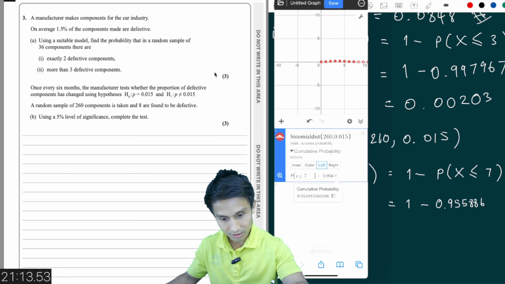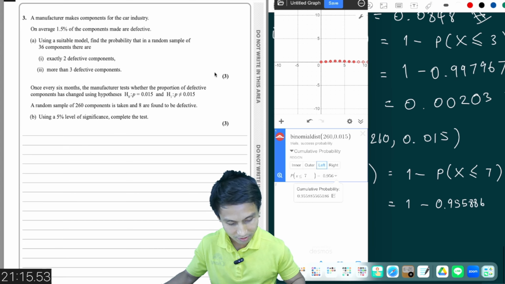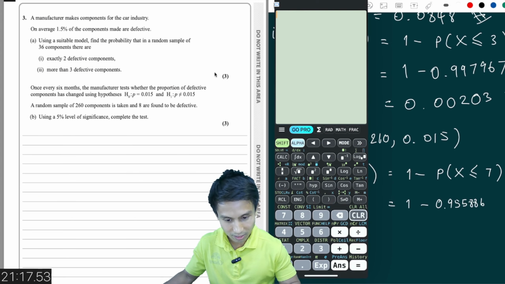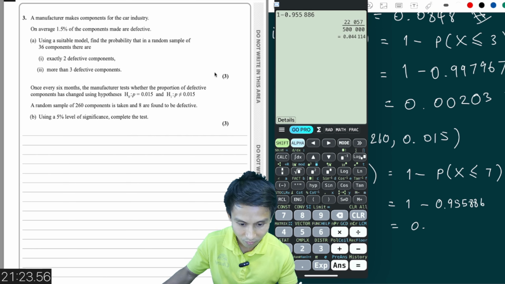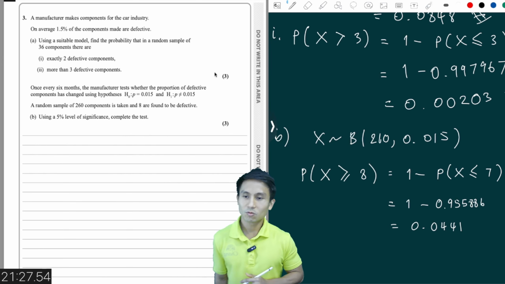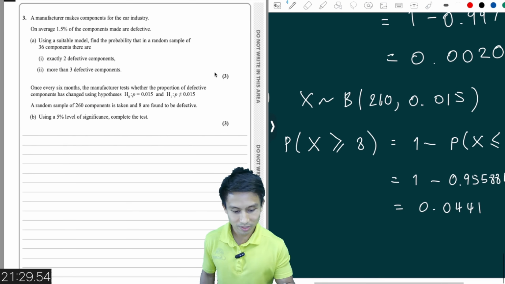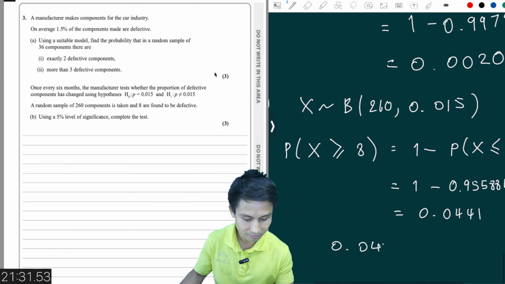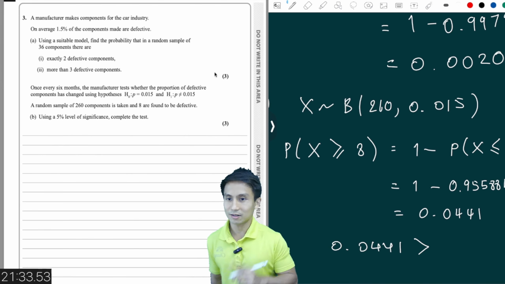Yeah. And then I'm going to use a calculator to do that math. 1 minus 0.955886. So I get 0.0441. Okay. Well, that's the p-value because this is greater than.